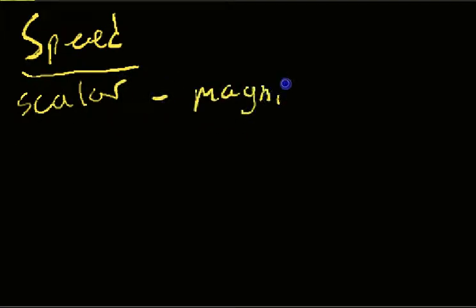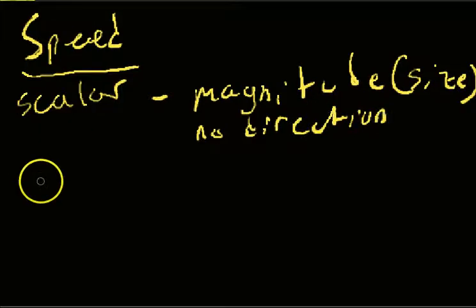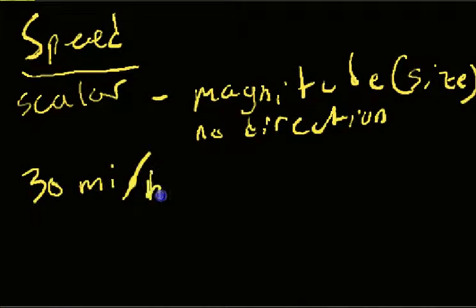It always has a magnitude, so it always has a size, but never a direction. No direction, right? So when we talk about, okay, well, I'm moving 30 miles per hour in my car, which is what we normally say, no direction is specified, so we can call this a speed. This is always a speed.